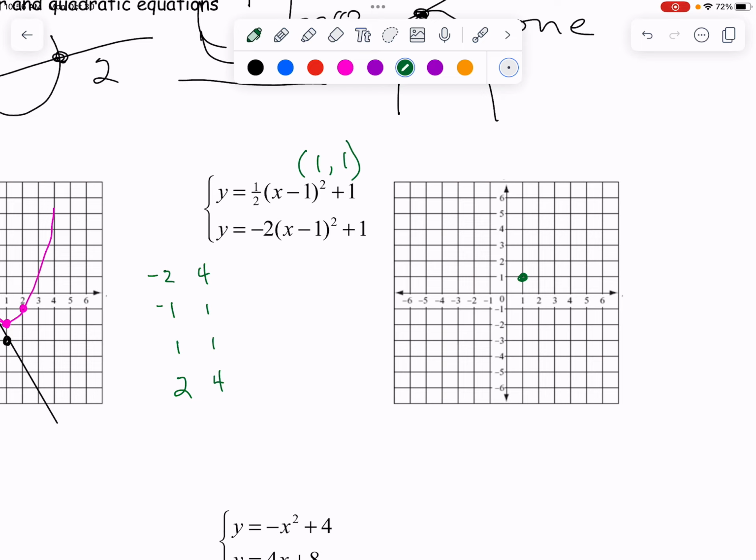I'm going to go over 2 and up 4. And then I'm going to go the same way. I'm going to go left 1, over 1, and reflect. Oops, this point should be right here. This is my first quadratic.